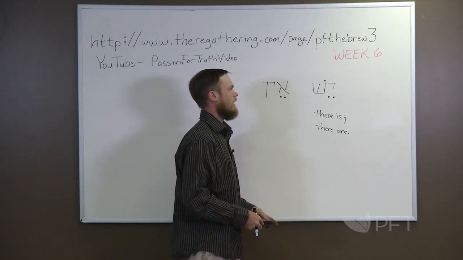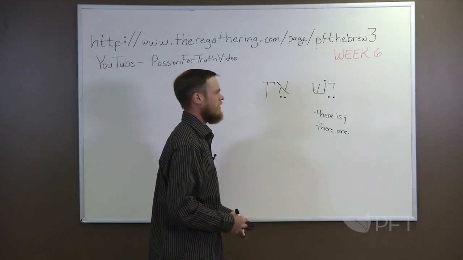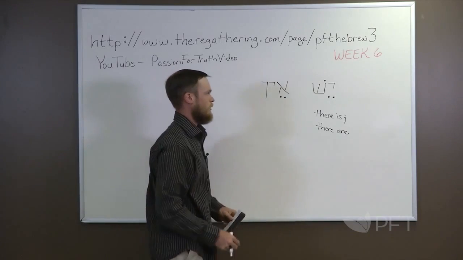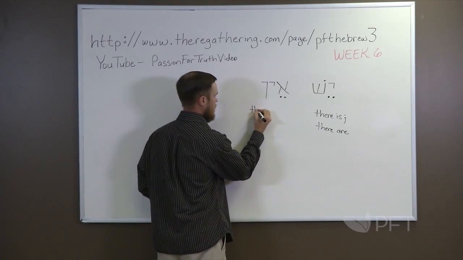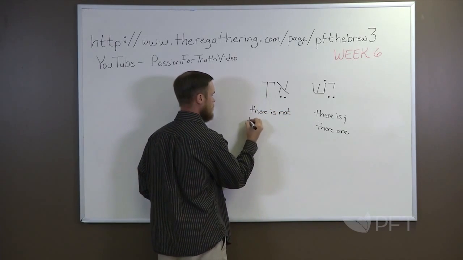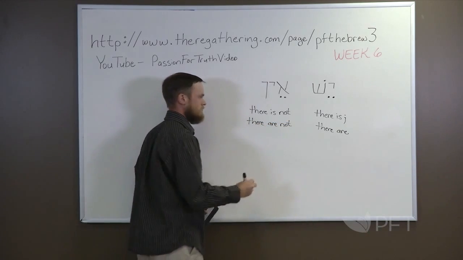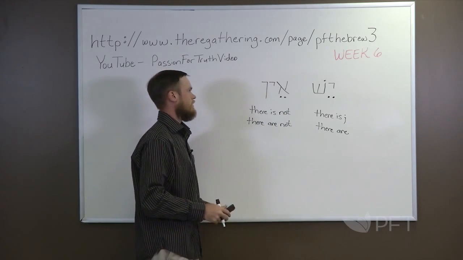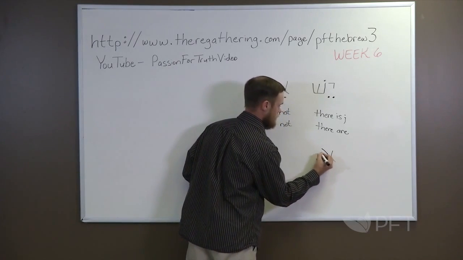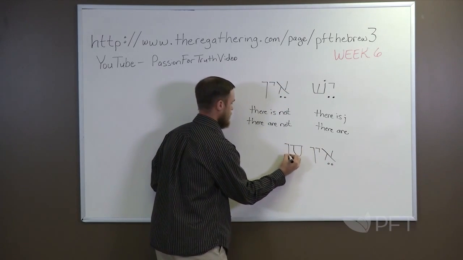It can also function in a possessive sense, and I'll get into that another time. But yesh is "there is." Ein is the one you'll encounter more often, because ein means "there is not" or "there are not." So if I wish to say "there are no horses," ein susim.